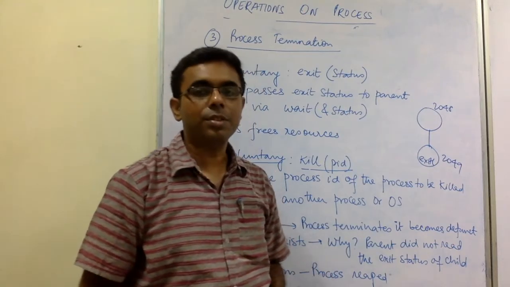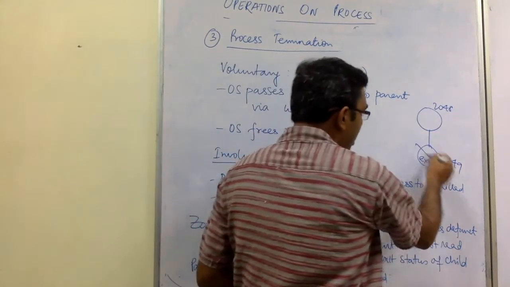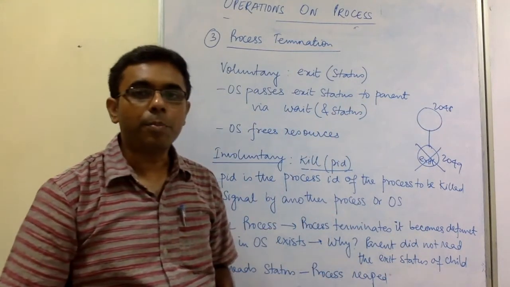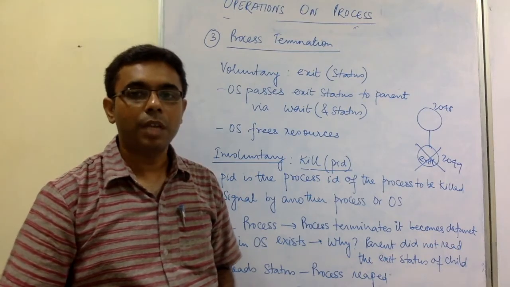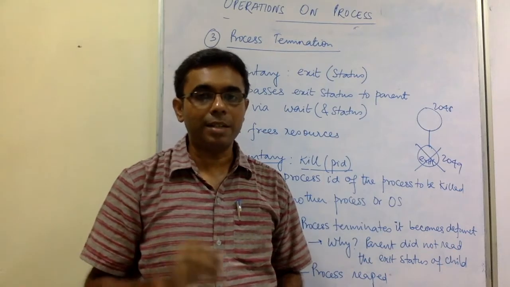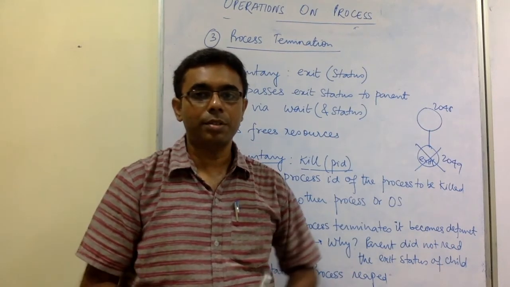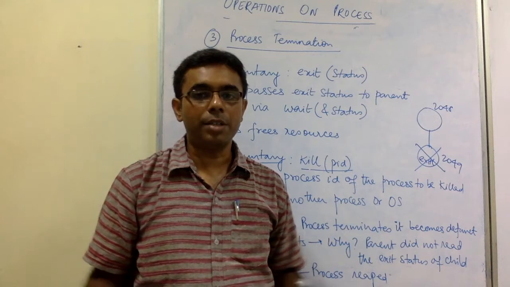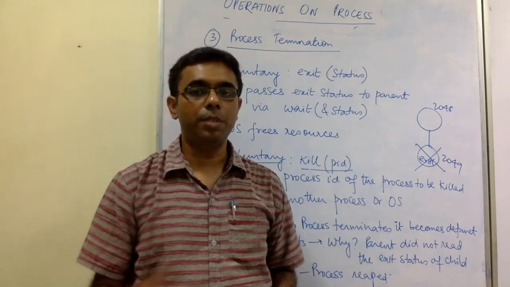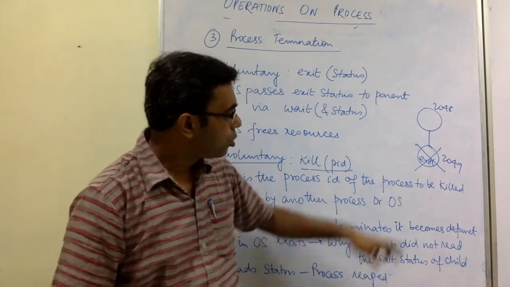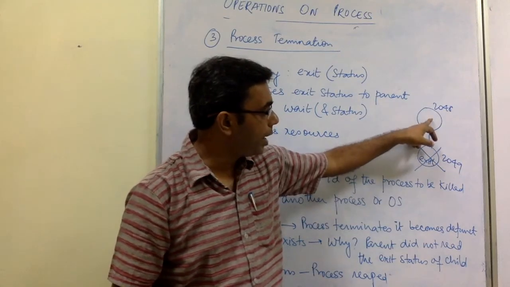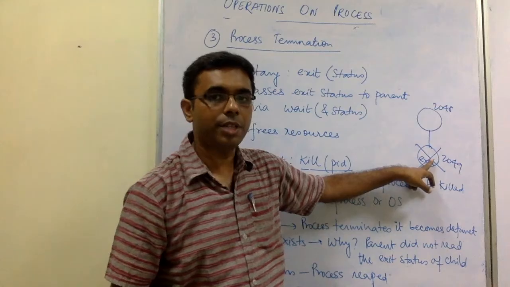Even if the child has completed its execution, remember that the process image, the memory image of a process, contains some information which is maintained by the kernel. What is that? The status. The kernel maintains a data structure called the process control block, the PCB, as the status of that particular process. So 2049 had exited, but 2048 did not read the exit status of 2049.